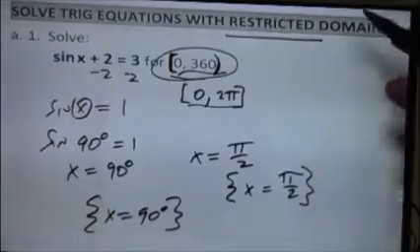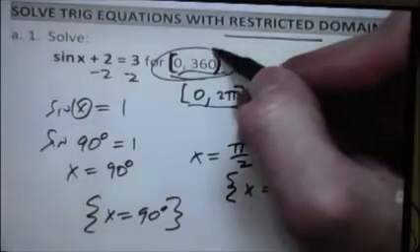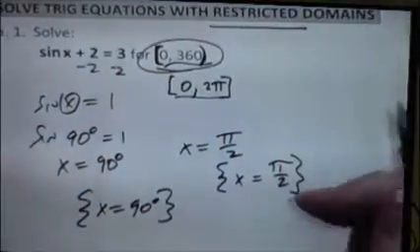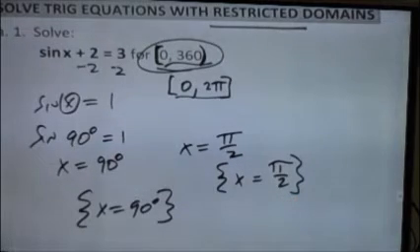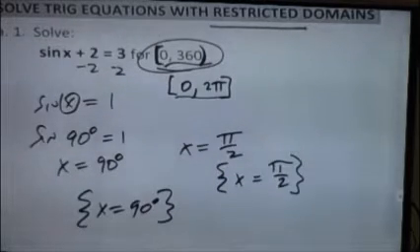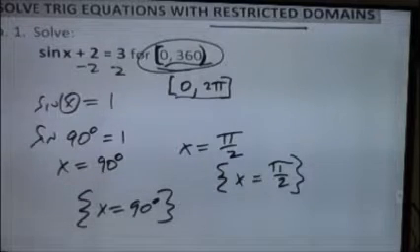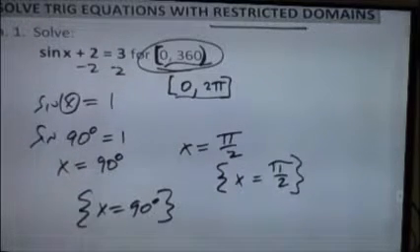There's no reason to include both of them when they're the same one. It's like you include the 0 coming around, and then you stop, so that 360 would be part of the next time around. That's one way to think of it.